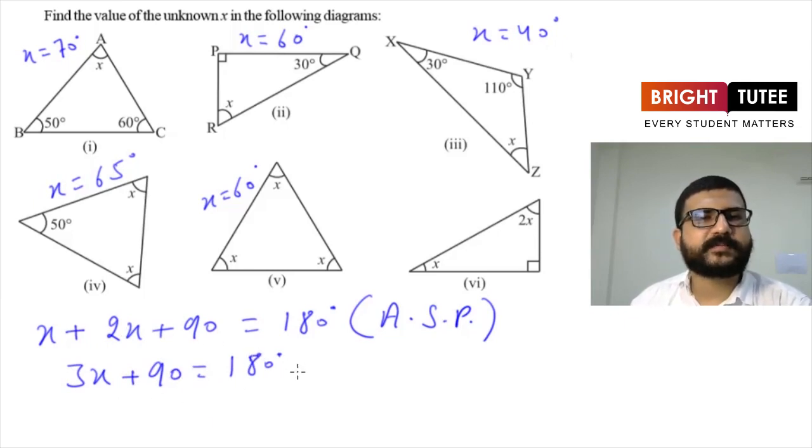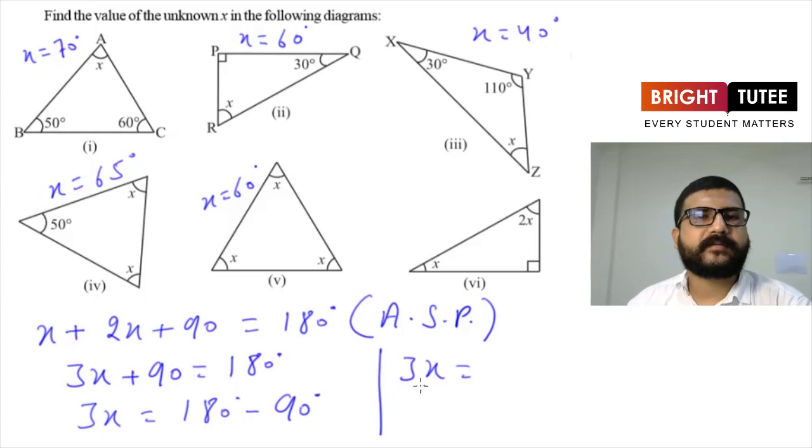Now we can transpose this 90 here. We will get 3x is equal to 180 degrees minus 90 degrees. Now let's simplify this. We will get 3x is equal to 180 minus 90, which is 90 degrees. Now what we have to do? We have to transpose this 3 here on the right side of the equation.